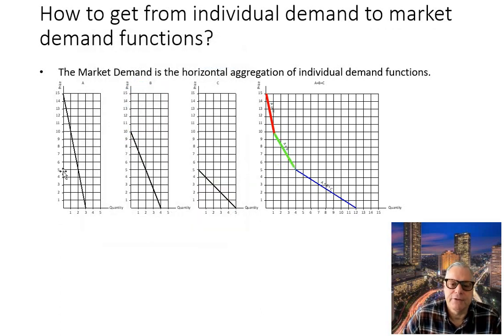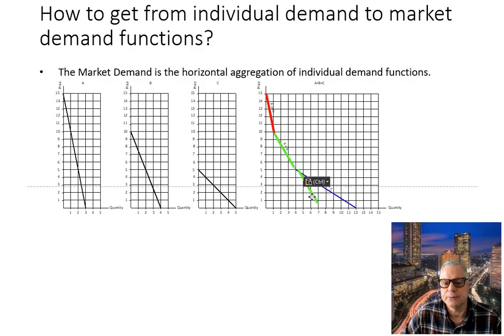Okay, and finally, for every price below 5, all three individuals A, B, and C demand. So now we just need to look at the total quantity demanded from 5 to 0. At the price of 0, which is also called the saturation price, individual A would buy 3, B 4, 3 plus 4 is 7, plus 5 is 12.